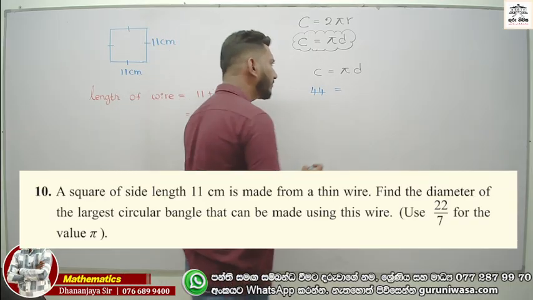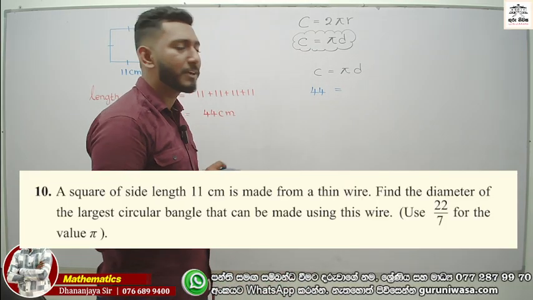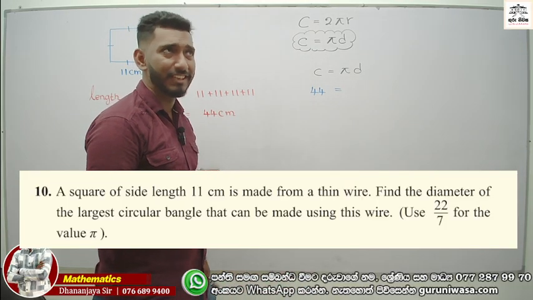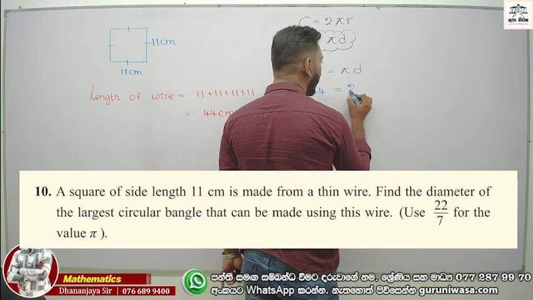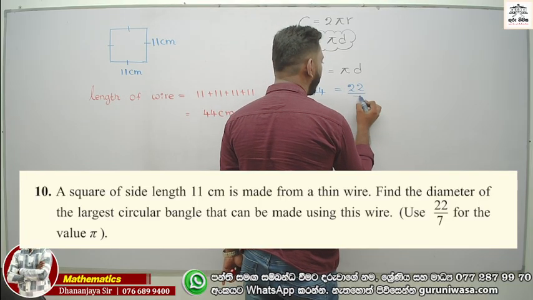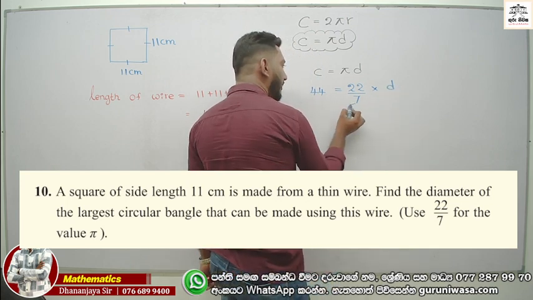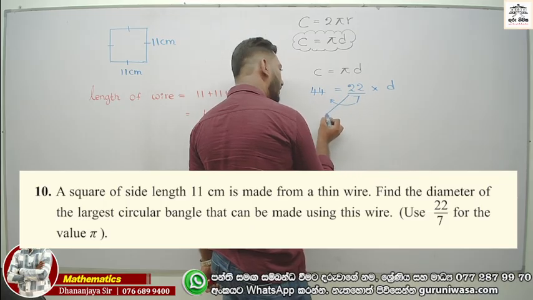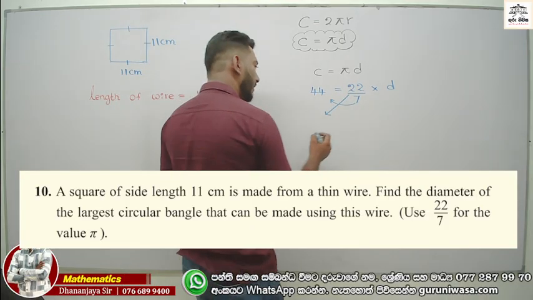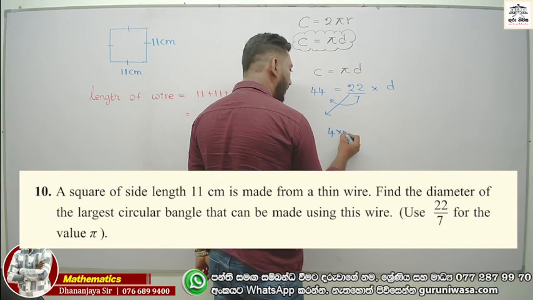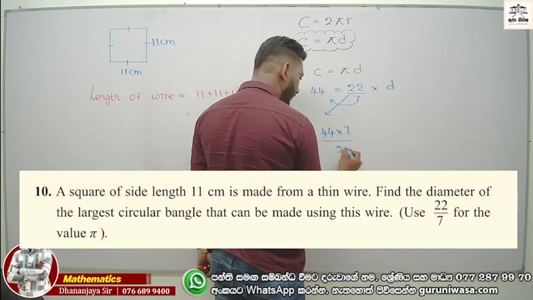equals to, what is the value for pi? It should be 22 over 7. So 22 over 7 times the diameter. Now 7 goes to this side and 22 goes to that side. 44 should be multiplied by 7 and divided by 22.